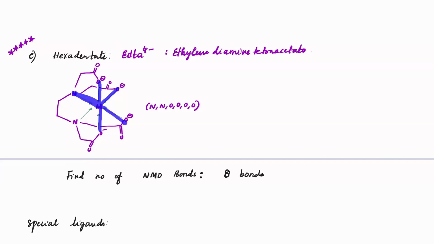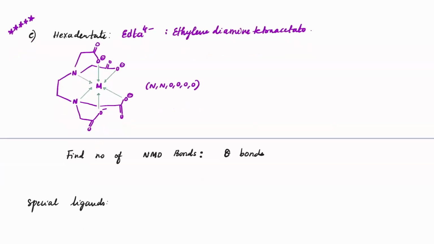That means each nitrogen is making four such bonds, correct? So each nitrogen is making four such bonds here. Okay. So if four such bonds are being made here, so we will have a total of eight bonds. NMO bonds would be eight. Got it?